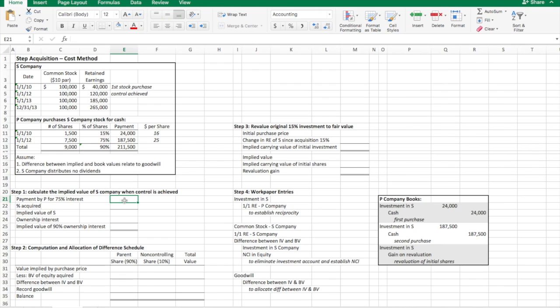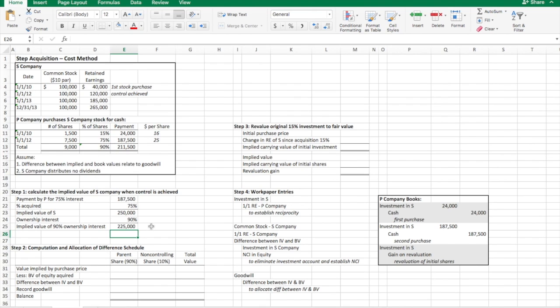So we need to take the payment made by P for 75% interest, and we also need the percent acquired for that payment, and if we take the payment divided by the percent acquired, that'll give us the implied value of the subsidiary, and if we multiply that by the total ownership interest that we have, it will give us the parent share of the total implied value of the subsidiary.